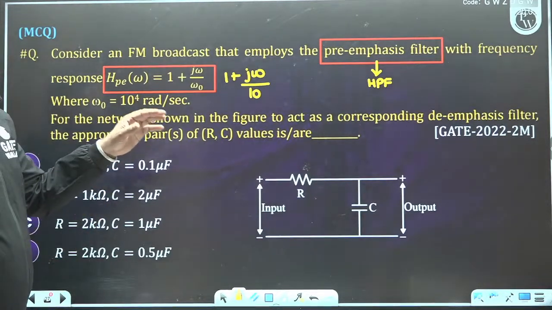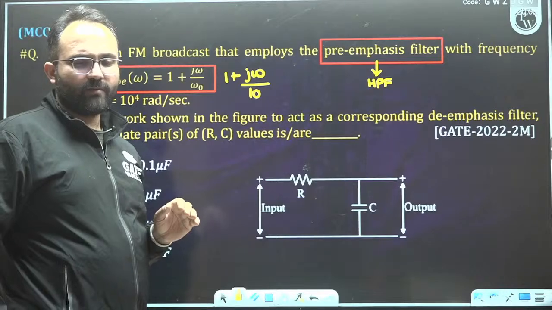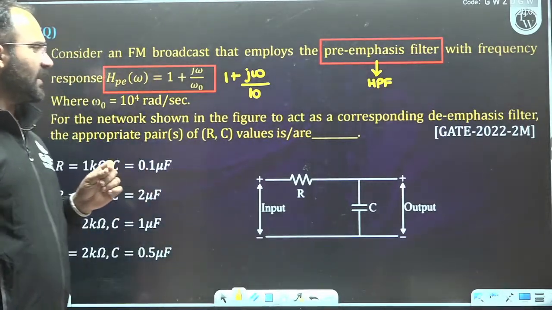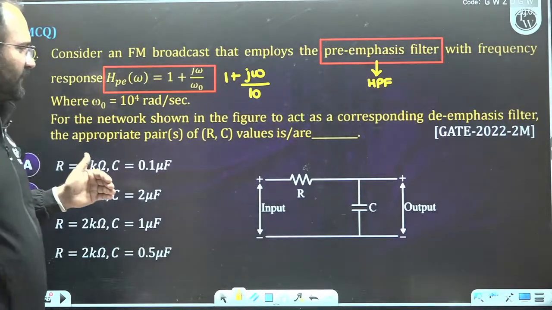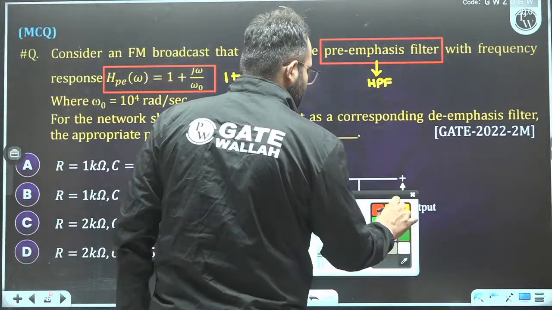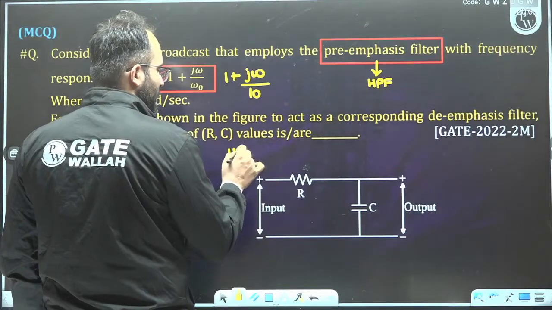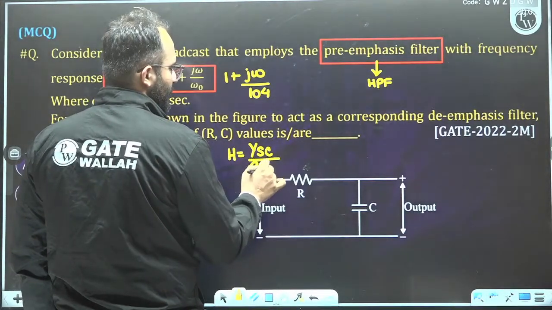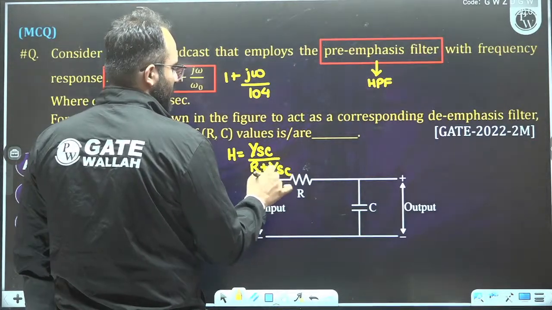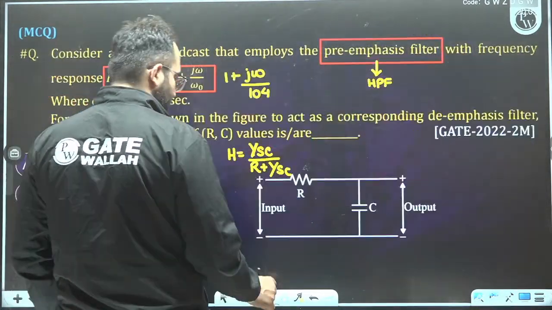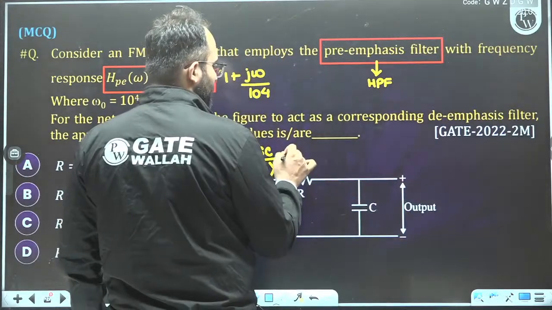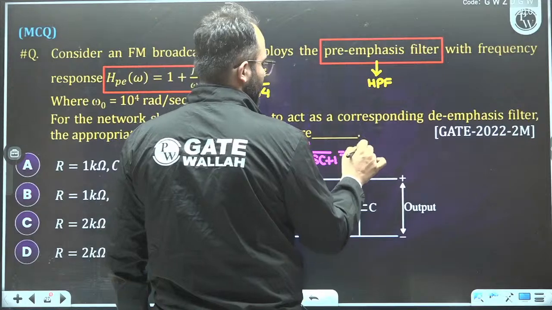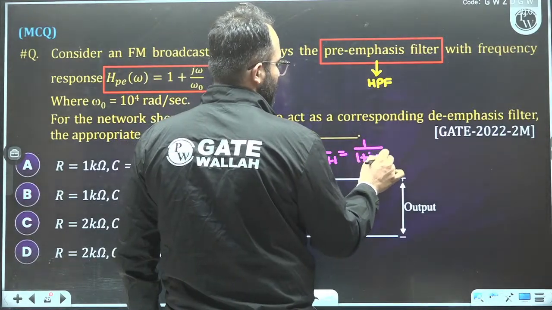Now this is a 2022 2-marker problem, a very simple problem, of pre-emphasis and de-emphasis. We have to find out which of the following will work as a de-emphasis. So obviously we can see that the de-emphasis H(omega) will be 1 upon sC divided by R plus 1 upon sC. Okay, now if we solve this, we can see this will become 1 upon RsC plus 1, that is 1 upon 1 plus j omega RC.